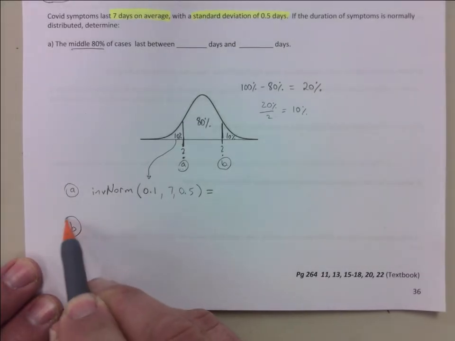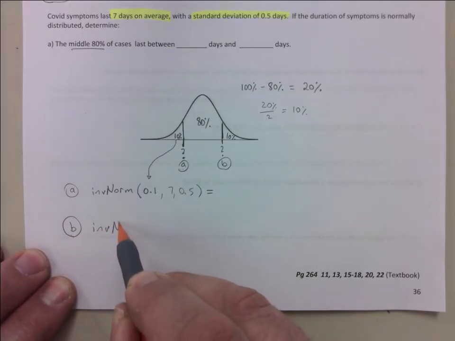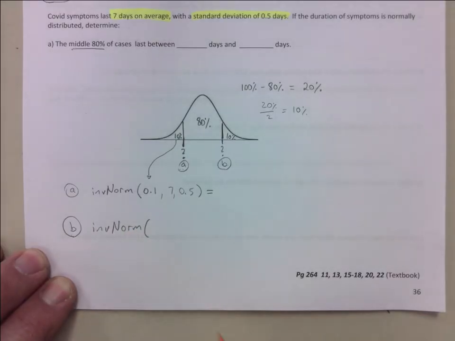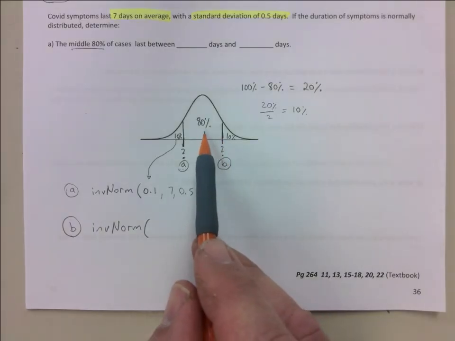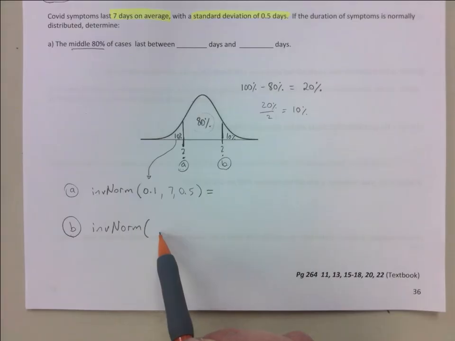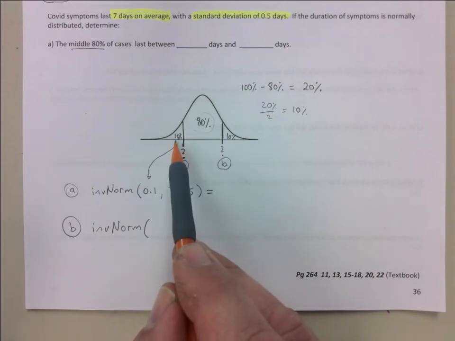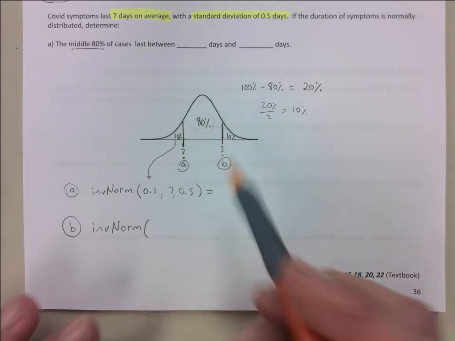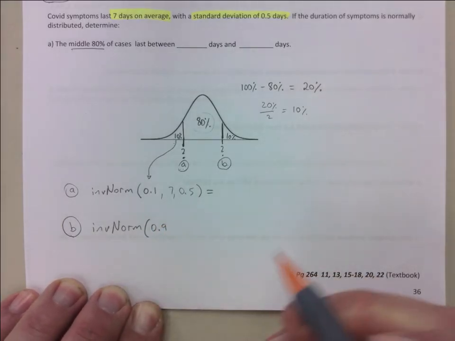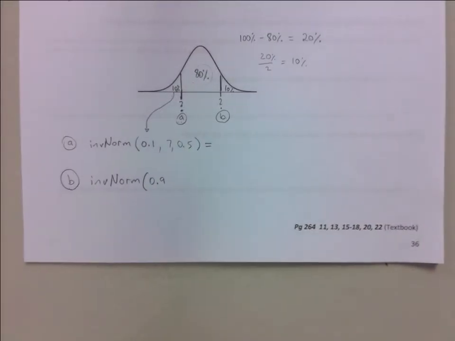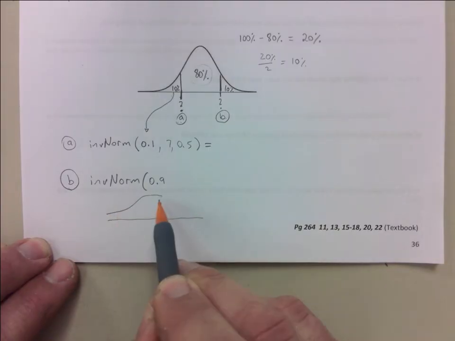For B, here's where a lot of students make a mistake. Okay, we'll use inverse norm as well. A lot of students just say, oh, it's 0.8 that goes in here. No. For this line, everything to the left would be what? 80 and 10, right? It would be 90%. So you got to go 0.9 here. And I will show that. So let's just make a little diagram underneath it where we make our bell curve.